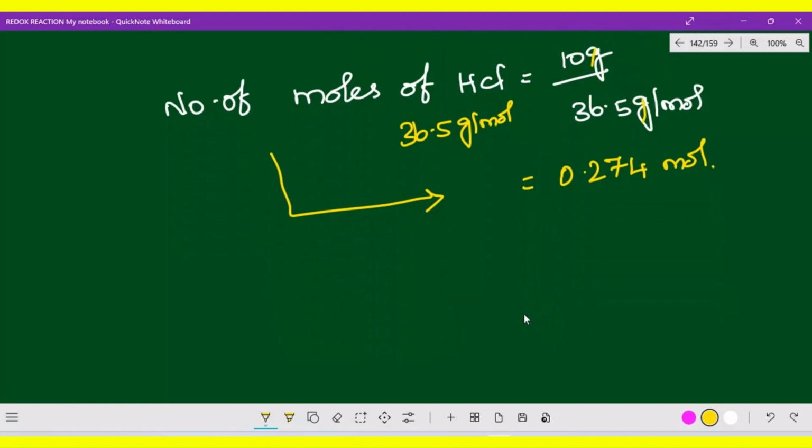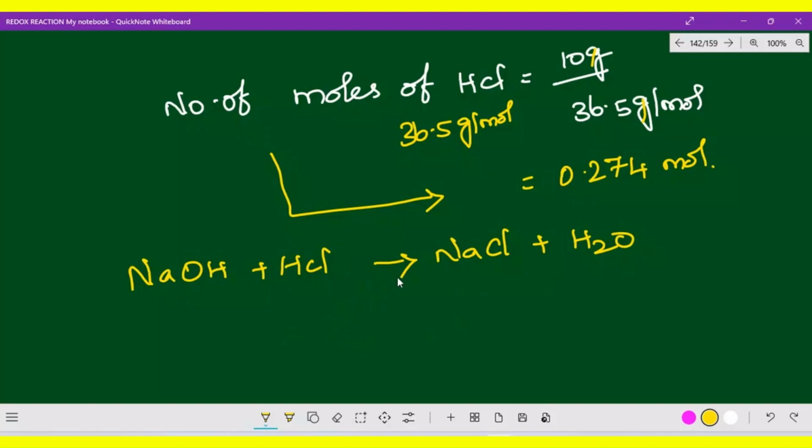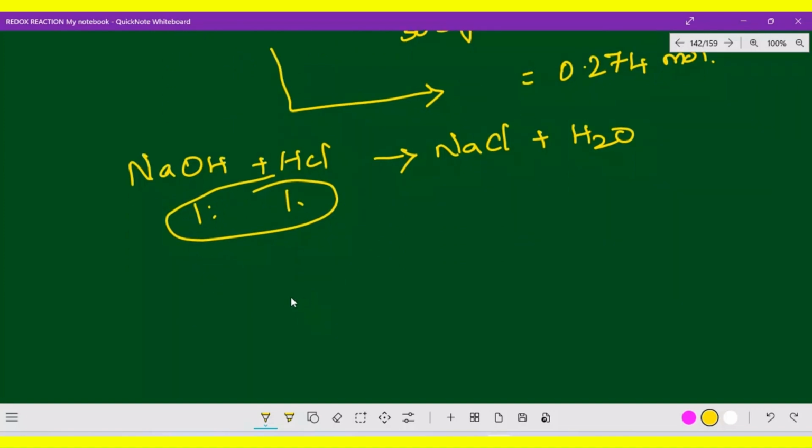Okay, now compare both. NaOH plus HCl gives NaCl plus H2O, salt and water. Strong base and acid give salt and water. This is 1 and this is also 1, so it is a 1:1 ratio. We have to compare the moles.